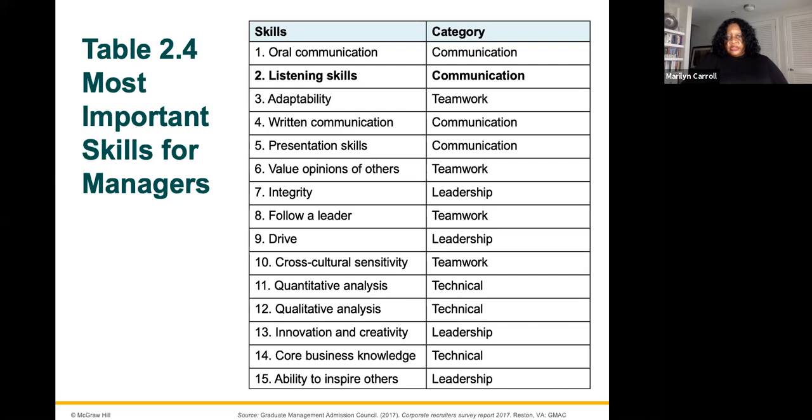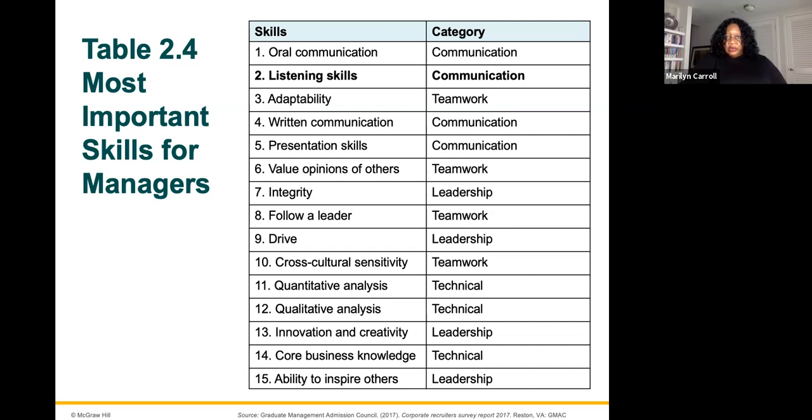So the most important skills for managers are oral communication, listening skills, adaptability, written communication, presentation skills, value opinions of others, integrity, follow a leader, drive, cross-cultural sensitivity, quantitative analysis, qualitative analysis, innovation and creativity, core business knowledge, ability to inspire others.